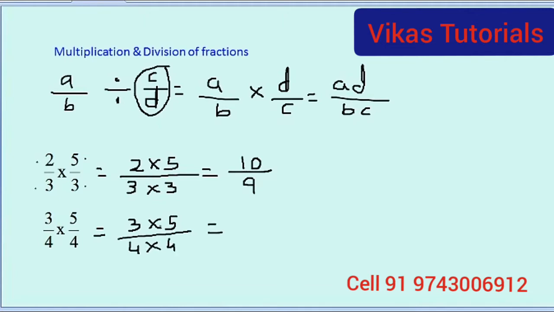Okay, if you know the tables well, you can skip this step also. Instead of writing this, you can directly multiply. 3 into 5 is how much? 15. Numerators 3 into 5 becomes 15, and denominators 4 into 4, 16. The answer will be 15 by 16.